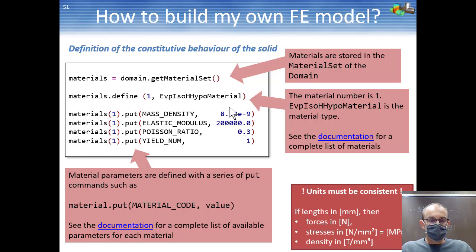So this is the name of the material, and here you can have access to the documentation. Almost half of the documentation is about materials, because many PhD theses, many final year projects in Metafor are related to just the creation of new materials.